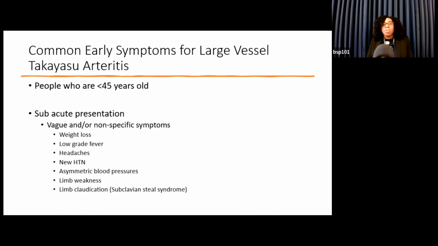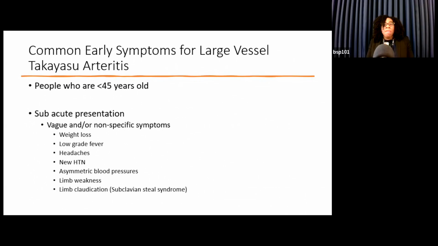And once again, there can be a subacute, vague presentation, but these people have malaise, weight loss, maybe even some low-grade fevers. But the few things that are really important to note are high blood pressure without a lot of other risk factors for high blood pressure, or maybe asymmetric limb claudication or limb weakness that you wouldn't necessarily expect for someone in this age group.